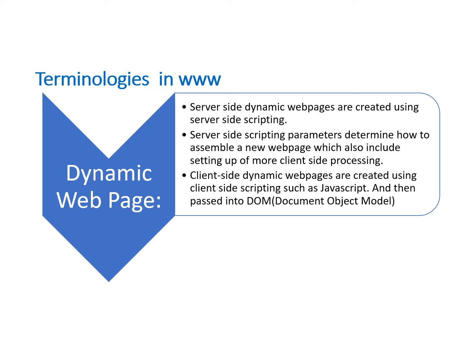So a dynamic web page can be created using both client-side and server-side scripting languages. Server-side scripting parameters determine how we assemble a web page, and the dynamic scripting language helps the web page with client-side validation.